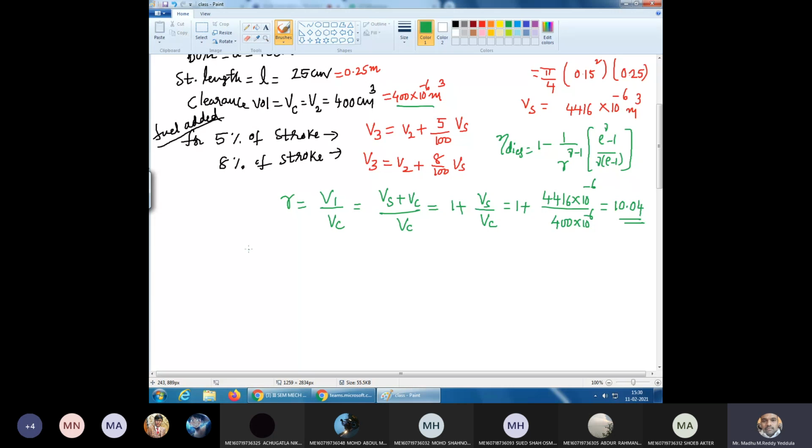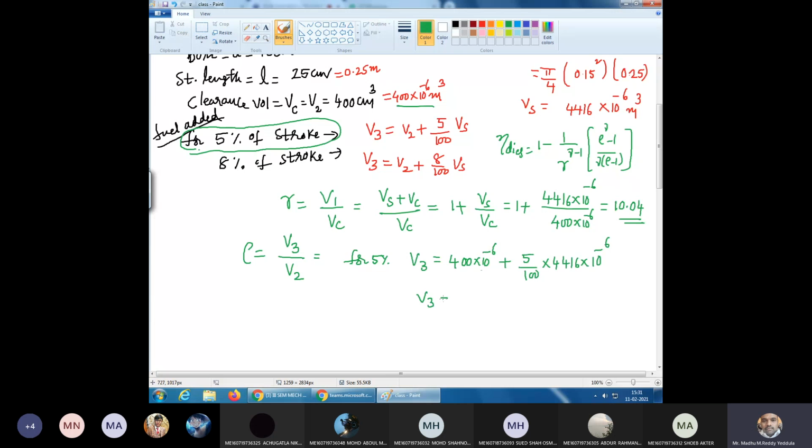Once you know compression ratio, then cutoff ratio is equal to volume at the end of the fuel supply by volume at the start of the heat addition. So V3 value, in the first case, you need to consider 5% of the stroke. Therefore, for 5% of the stroke, V3 is equal to V2, nothing but Vc, that is 400 into 10 power minus 6 plus 5 by 100 into 4416 into 10 power minus 6.